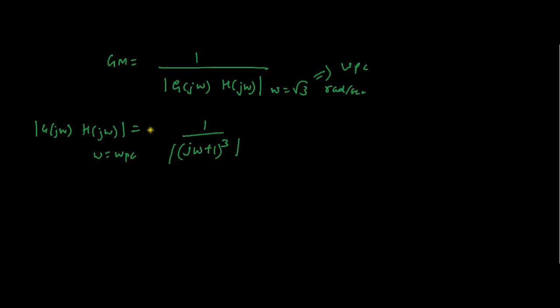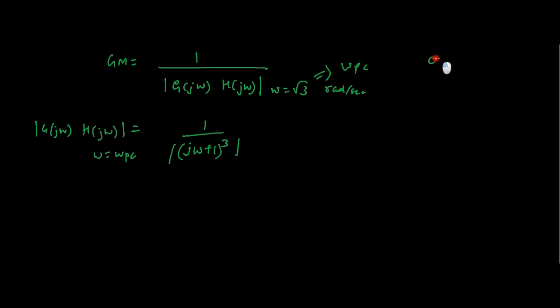In the given question, the magnitude of g of j omega and h of j omega can be expressed like this on the right hand side of the equation. As you can see here, we have replaced s with j omega, and we have applied magnitude to this term.